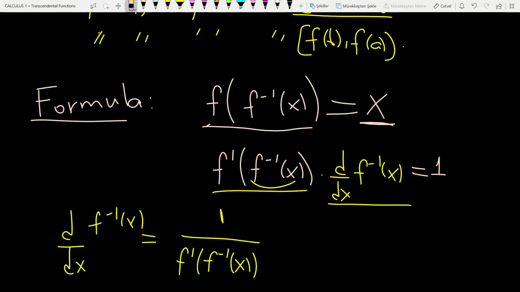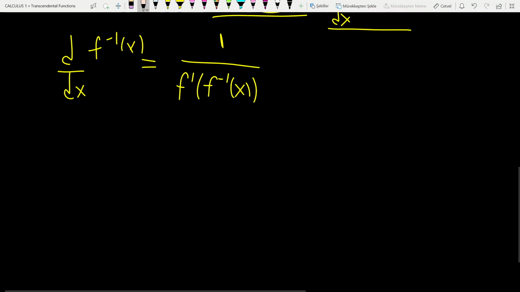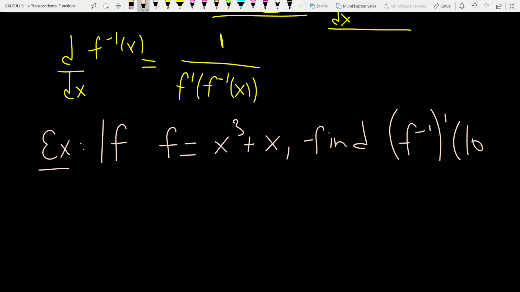So let's use this formula to solve the next question. Example: if a function is given as f of x equals x cubed plus x, then find the derivative of the inverse at the point 10.